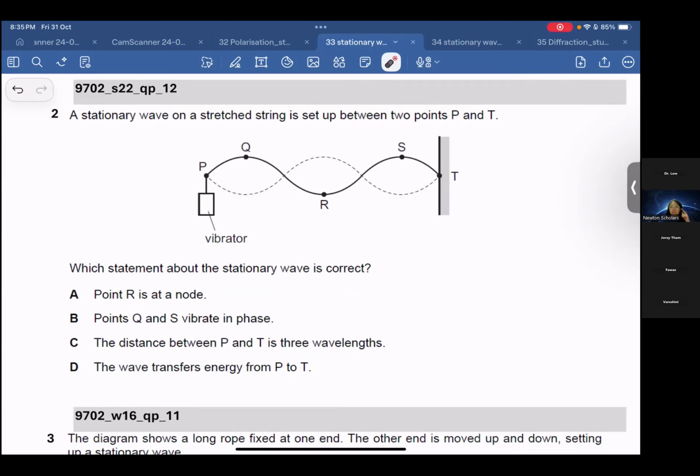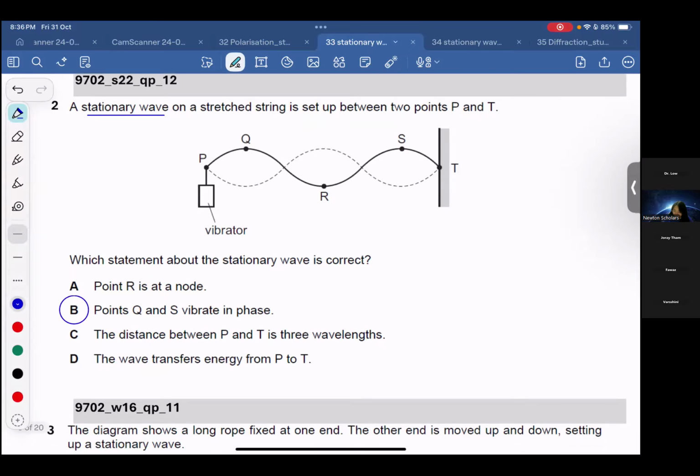This is stationary wave, so no net energy is transferred. Okay, R should be an anti-node. R is an anti-node.